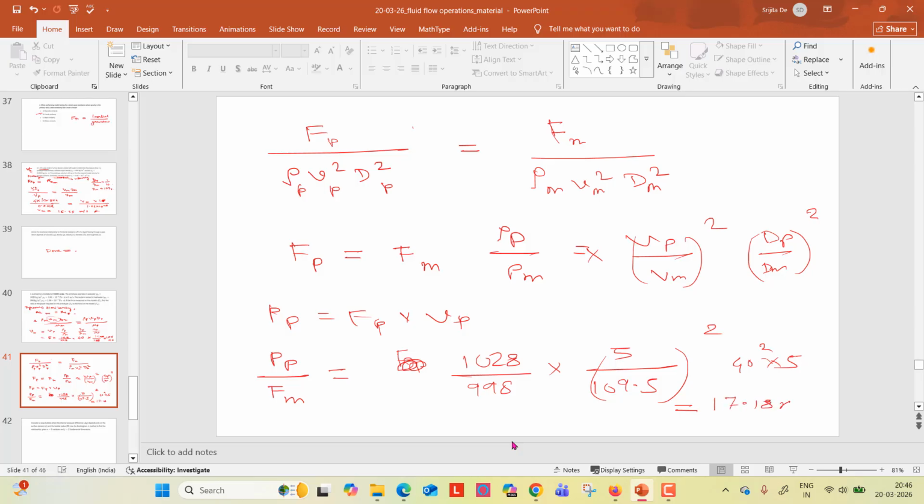Okay, from the unit itself you can see, right? This is the similitude expression. Next question.